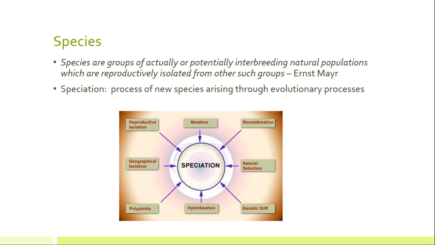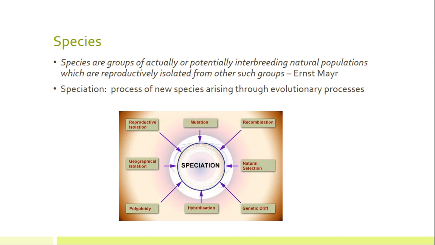And so the first thing we probably ought to do is define species. One of the big definitions of species, so you've got genetic definitions of species too, where you look at the genetic complement and say, okay, this is one species based on these genetic changes.